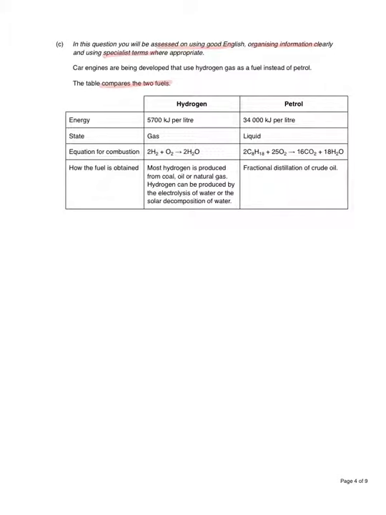So let's start off with the advantages. Advantages of using hydrogen. Well, one thing is it forms water. You can see that from the table. So the product of combustion is H2O.